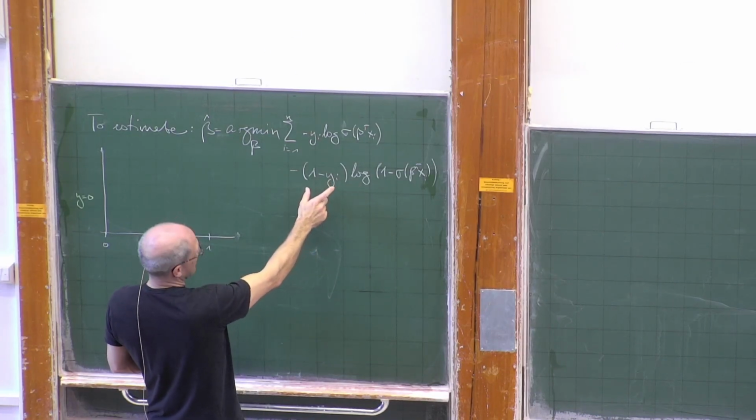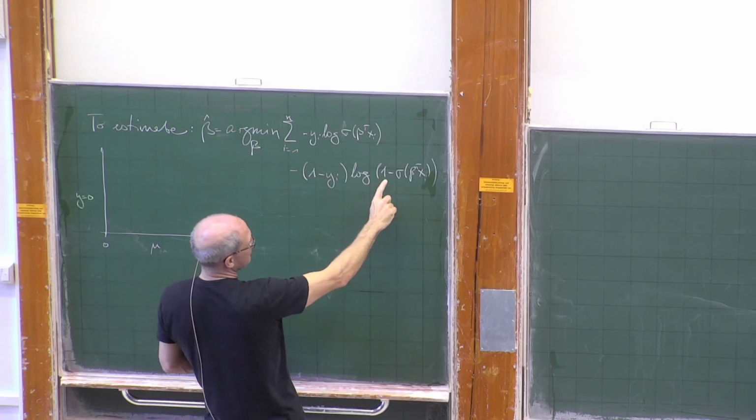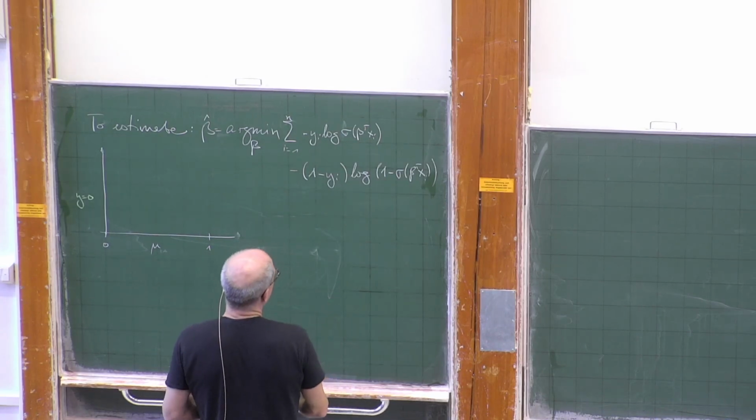For class 0, we have minus the logarithm of 1 minus mu.